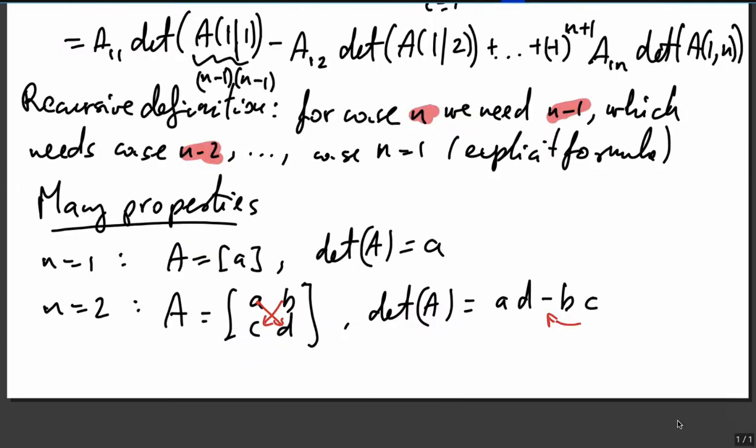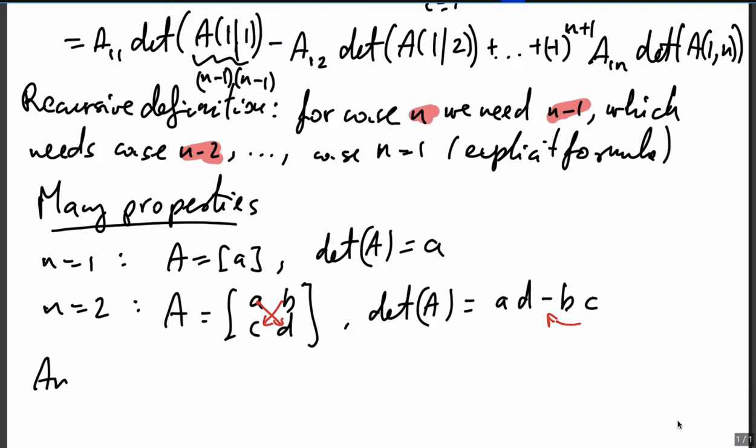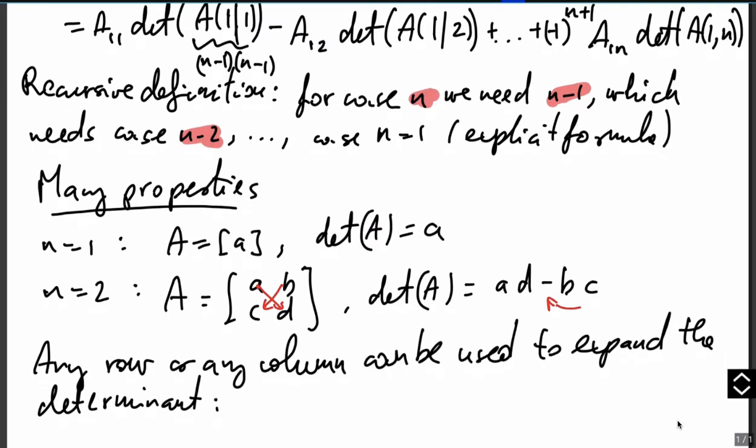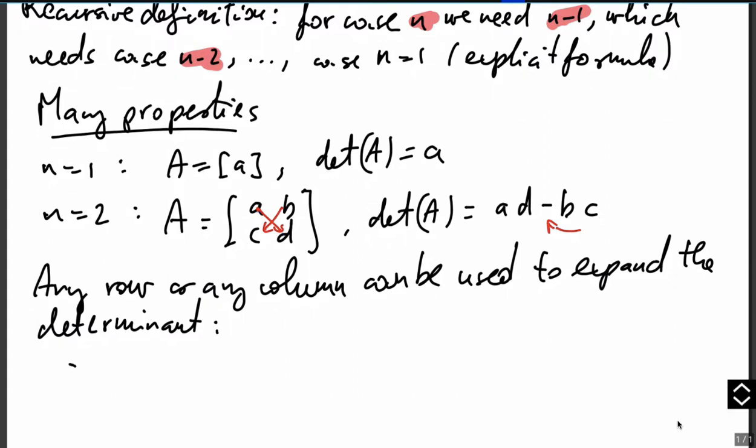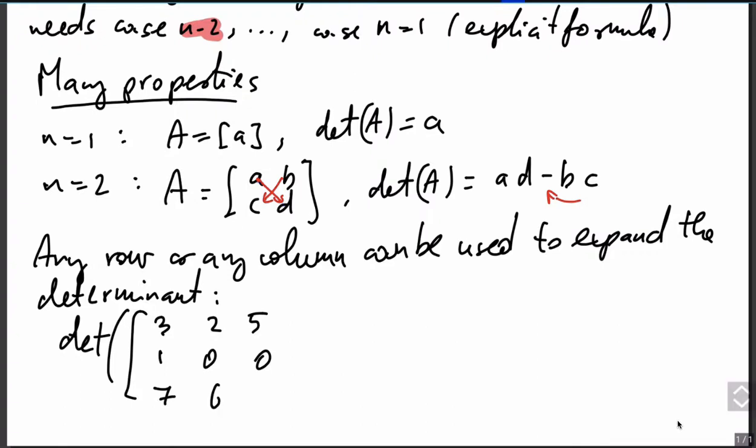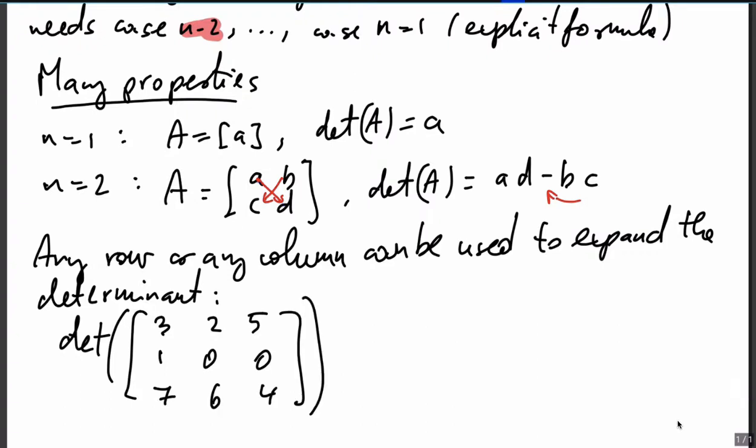Another property is that any row or any column can be used to expand the determinant, and we can exploit this sometimes. For example, if you have to calculate the determinant of the 3 by 3 matrix with rows 3, 2, 5; 1, 0, 0; 7, 6, 4, then these entries matter depending on where you start expanding it.